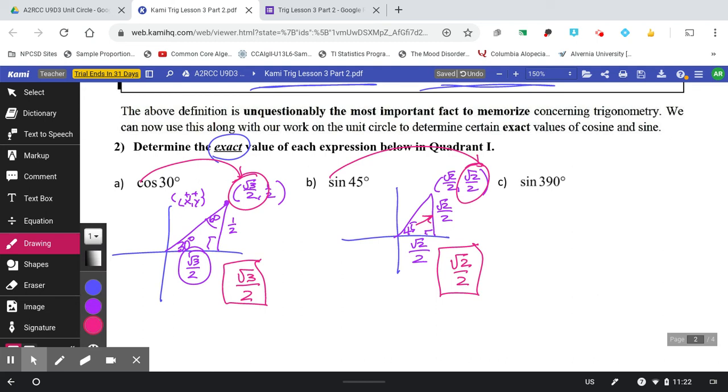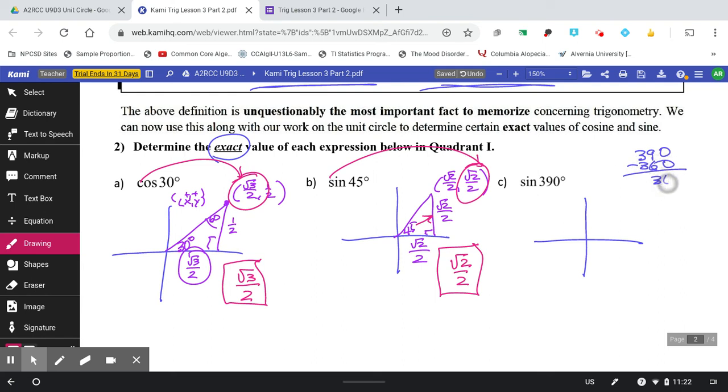Going on to the sine of 390. Well, 390 doesn't fit within our 360, so we have to find a coterminal angle. First I'm going to subtract 360, and I get 30 degrees. I'm going to draw my 30-degree angle again. This time I'm looking for my sine, which is the opposite side. The opposite of the 30 is 1/2.